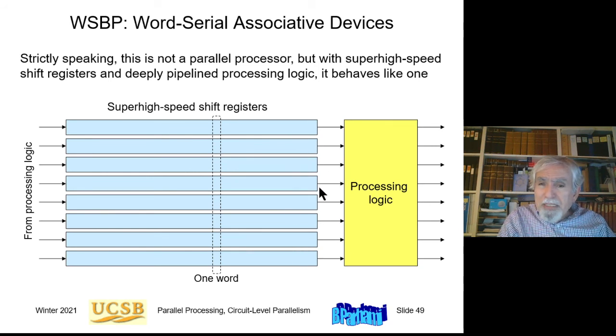The difference is that when I do this on a sequential processor, I write a program loop that says fetch the next word, do the processing, then the loop has some control that says increment the index, compare the index to the maximum so that I know when to exit the loop, and so on. So there's a lot of overhead when I do this using sequential programming.